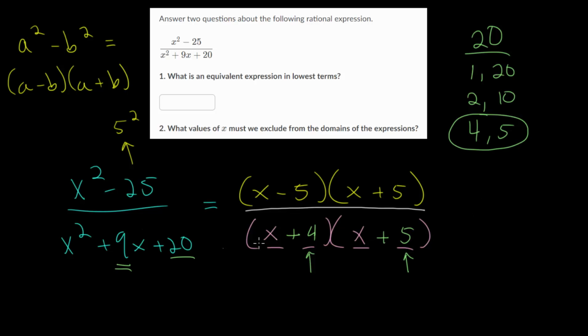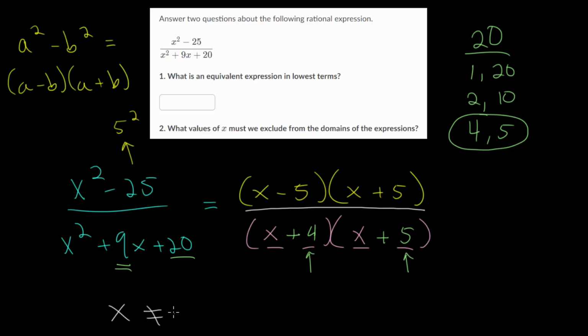Now, from this step, we can determine which x values we need to exclude from the domain. Since we're essentially looking at when this product in the denominator equals 0, we can use our zero product property. So notice if we plug in negative 4 here, we would get 0 multiplied by 1, which is 0.